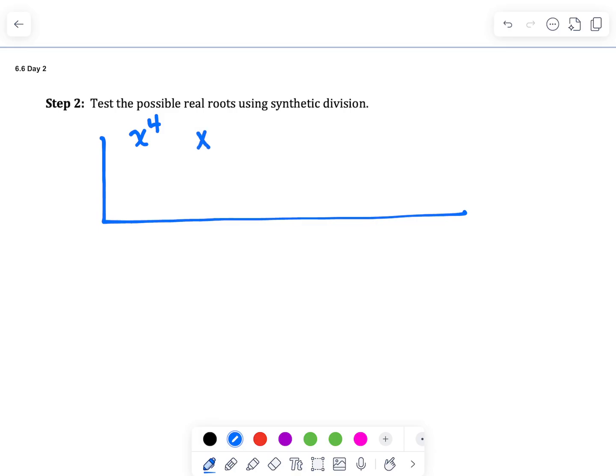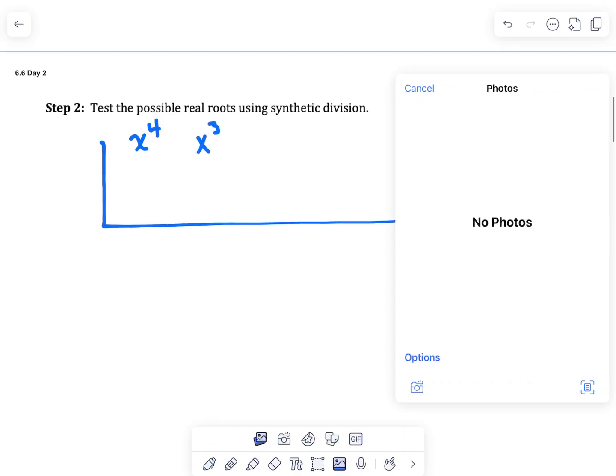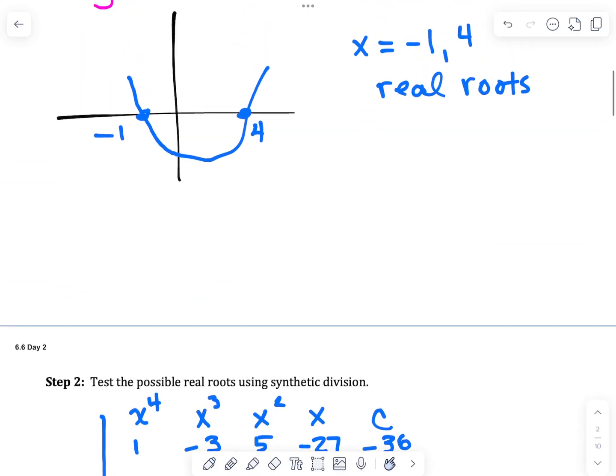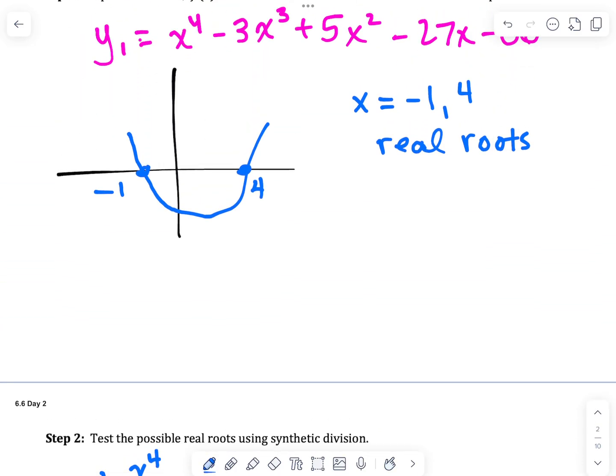I have a 4th degree polynomial, so I'm putting my placeholders in. And then I'm going to put my coefficients next. So 1, -3, 5, -27, and -36.